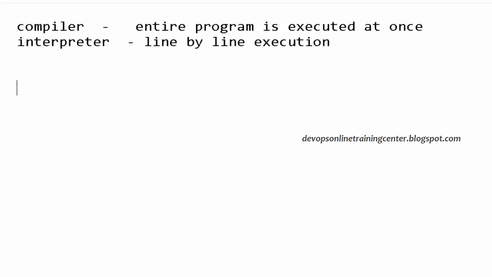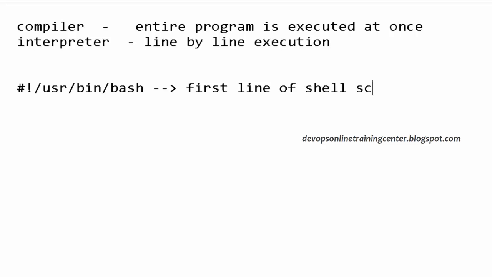So when we start, this is called the first line of the shell script. What is this? This is actually the interpreter. Here we write the script, and we are instructing the machine to use this interpreter, the bash shell, to execute my program.